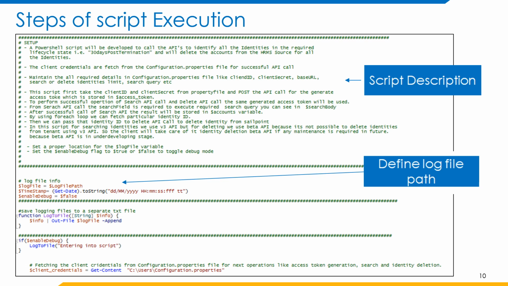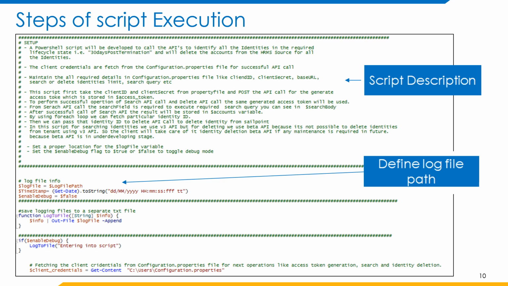We can see the sample script structure as part of this slide. For all scripts, a PowerShell script has a setup part, helper functions and the PowerShell commands. In the setup section, we can write the entire script description and the objective of the script, so that when a fresh individual looks at the script, he or she understands why the script was created and how it works.